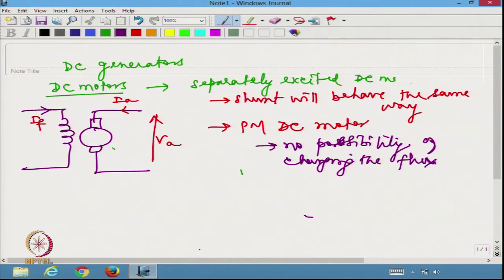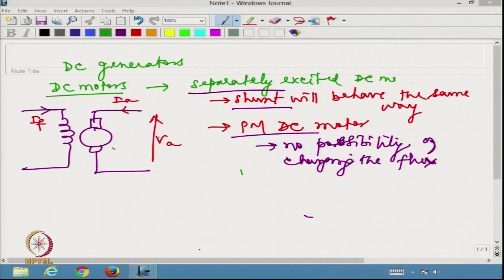What I am trying to say is the separately excited DC motor, shunt motor as well as permanent magnet DC motor, all three of them behave very similarly. We also talked about the torque speed equation. If you may recall, if we are applying VA here, this is the back EMF and the inherent resistance is RA.